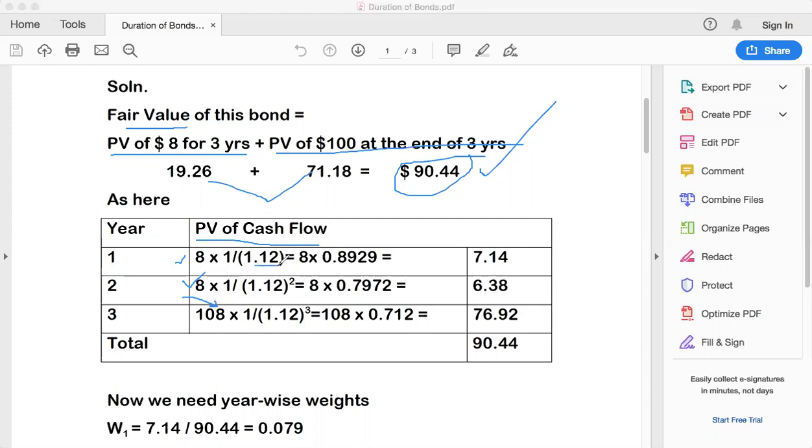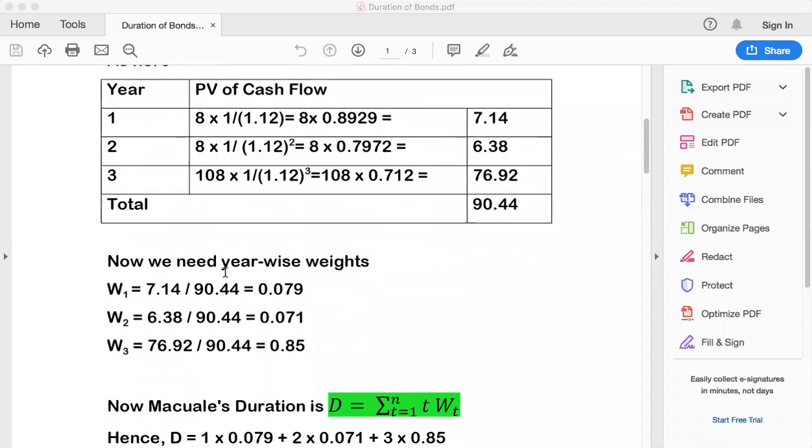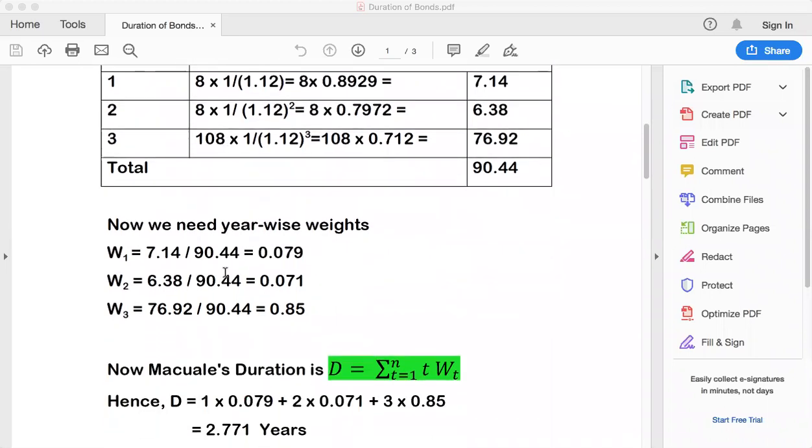So you discount each of them with the 12% rate of interest, and this is your present value interest factor, and finally what you get is these are the three present value of the cash flows, and when you sum them up you get the fair value which any investor would like to pay for this bond today. Fine. Okay, so this is step one, that you get the fair value of the bond today.